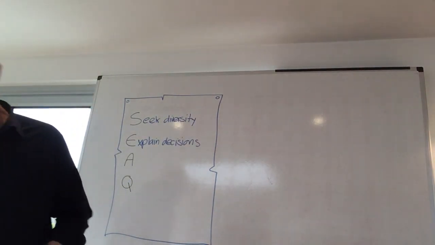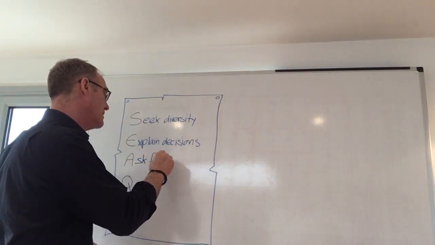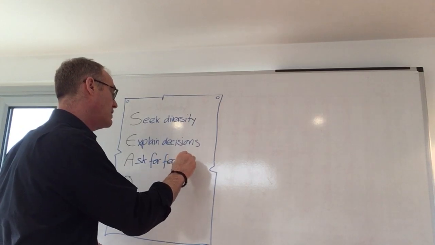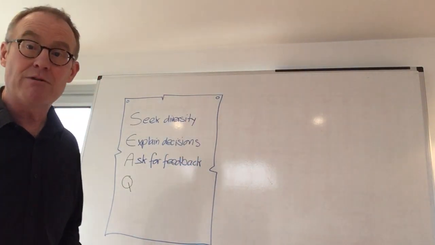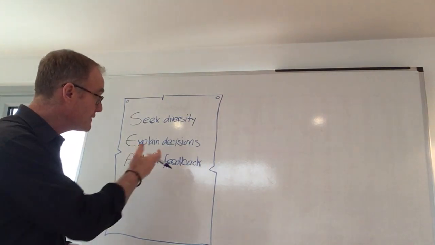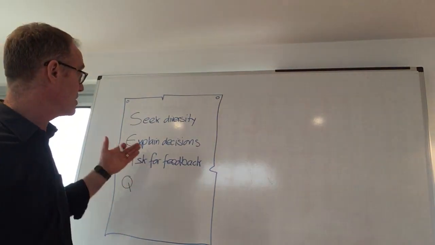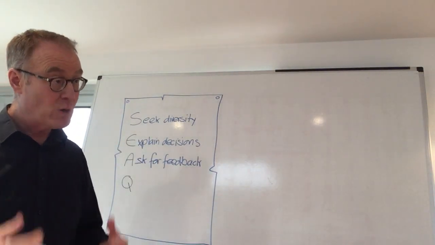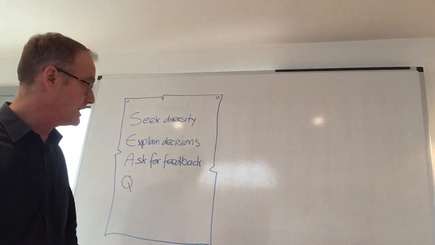A is for asking for feedback. So we share with our team our desire to be aware of our unconscious bias, and we ask for feedback on whether people are noticing it. We check in saying, this is the decision I've come to, here's my explanation, what do you think? Have I taken everything into account? Is there another way that I could go about doing this?